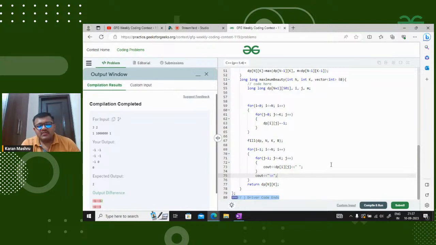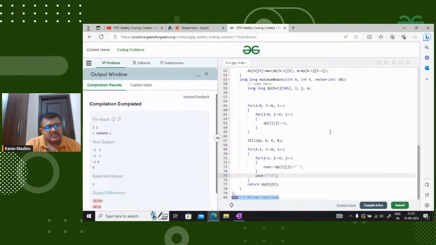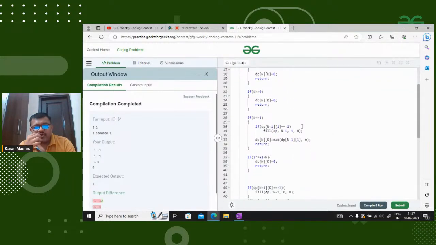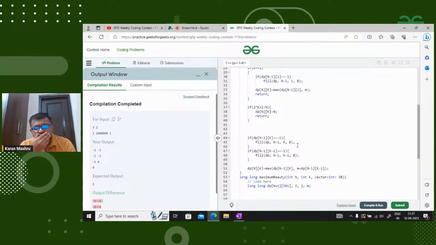So in the fill function we passed the value of n and k, and first of all it will go into if 2 star k plus 1. Just a minute. 2 star k plus 1, that is 2 plus 1, that would give me what?